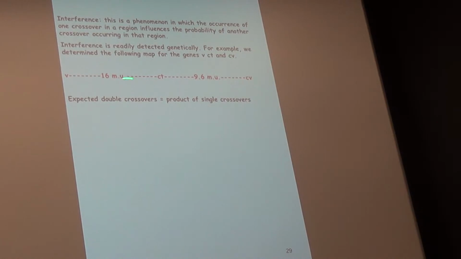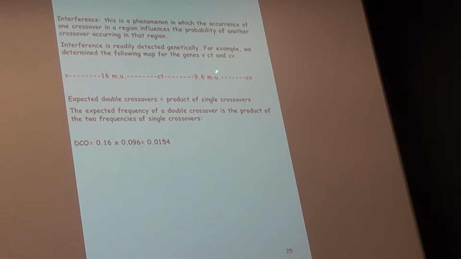So this is of course a frequency: 0.16 times 0.096, which is 0.0154. So that's the expected number of double crossovers. Theoretically speaking, if everything is normal, then you should expect to see 15.4 progeny that have gone through a double crossover. In a total of 1,000 progeny, you should get 15 progeny that would have had a double crossover.